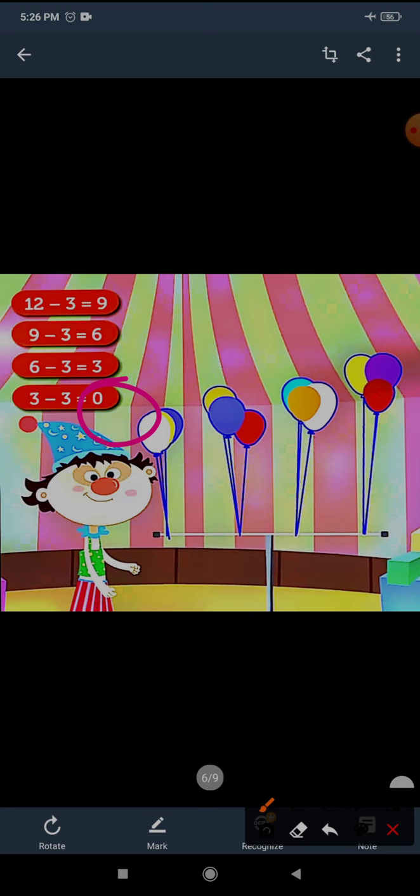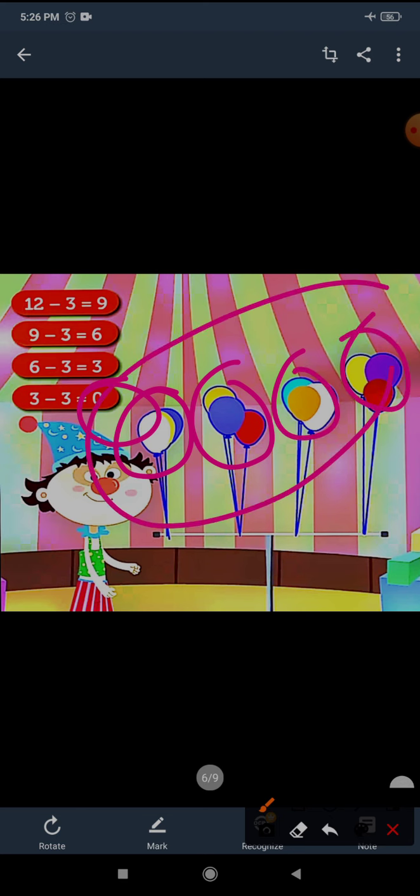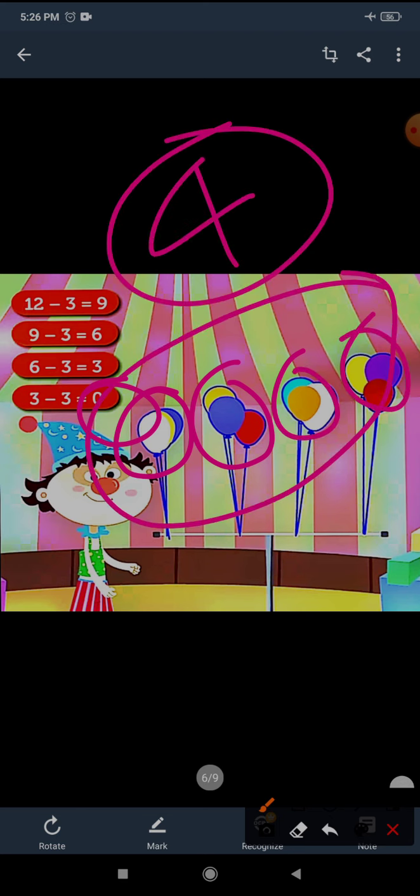So when Jojo ties 12 balloons into equal groups of 3, how many groups were there in total? 4. He got 4 groups of 3 balloons each. So this process of repeated subtraction is called division, if you know the table of 3.